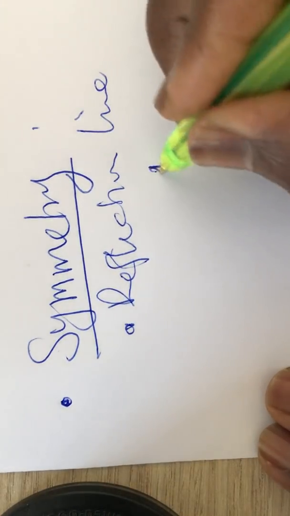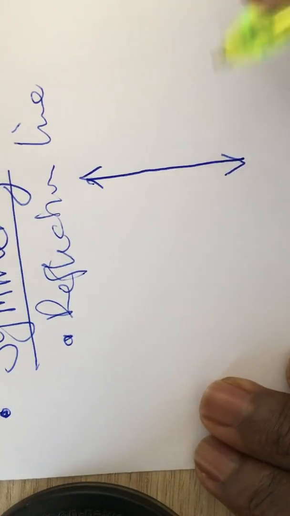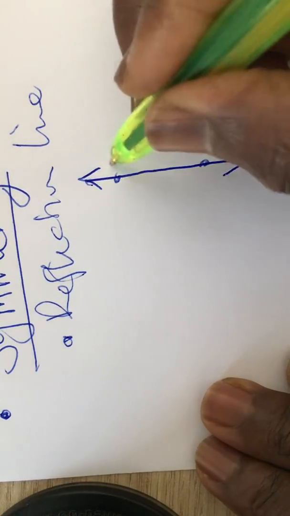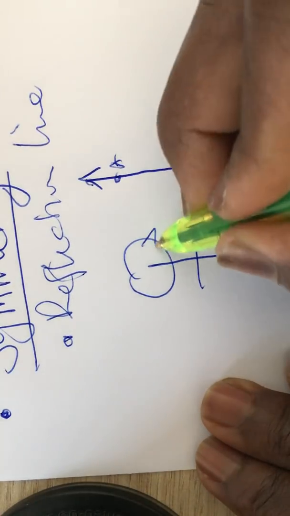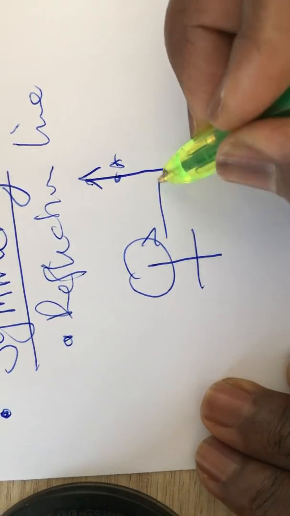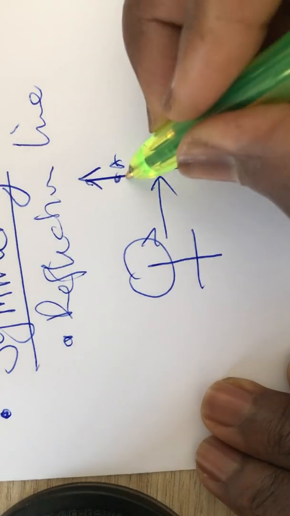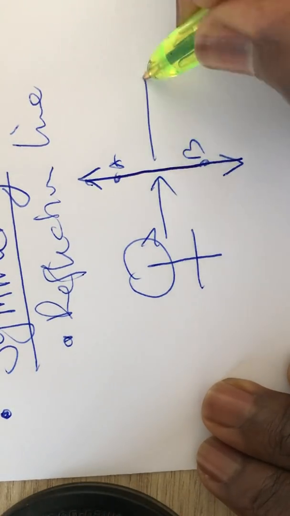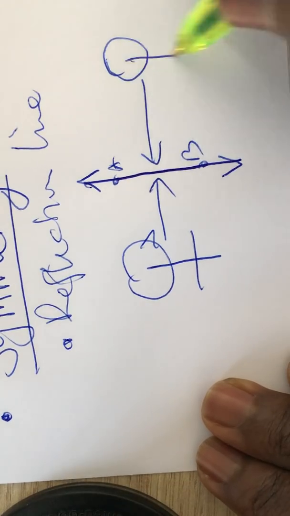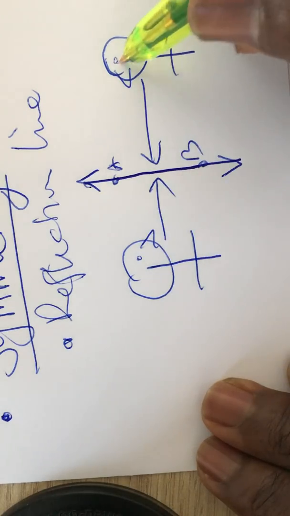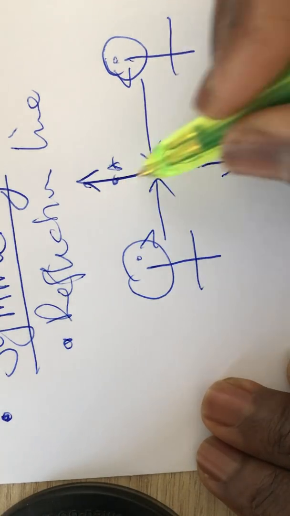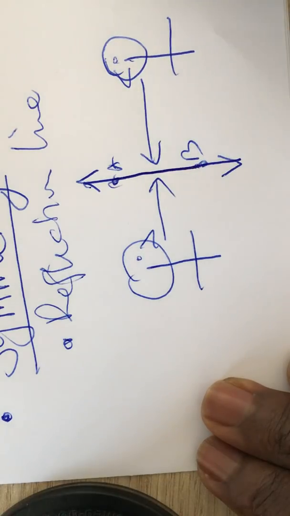You can have a line like that with points A and B, and then you may have an object here. For example, I am standing here, so when I'm looking at that point, when I hit this line, I get a reflection of me on the other side. So this is a reflection line. An example of this could be a mirror. So when you look at yourself in a mirror, consider the mirror to be like a line of reflection, then you will come up with something like that.